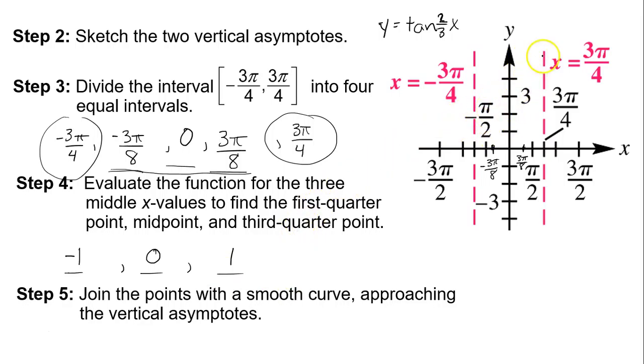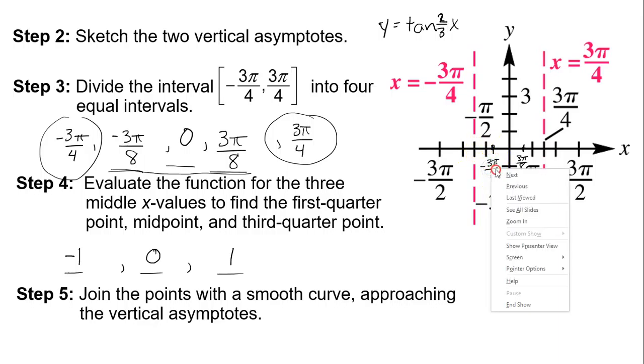So they're just easy points to locate on the graph after you have plotted everything on your x-axis correctly, and then now find your y value for it. Okay, so for -3 pi over 8, your value is -1.